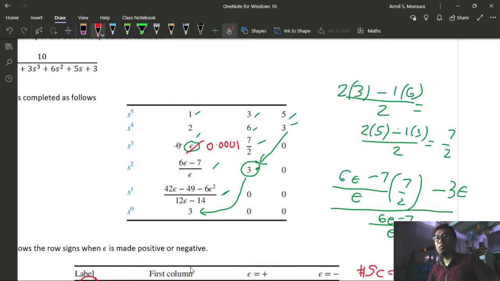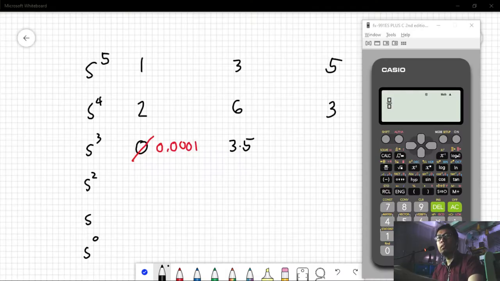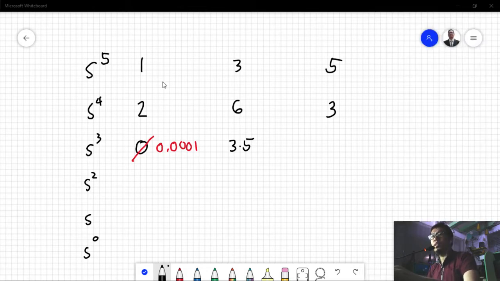So, ayun. Halimbawa, ito na nga yung ating Routh table. Sinimulan ko na siya. Okay? So, 1, 2, 3, 6, 5, 3. So, again, pagka kinumpute natin ito, itong part na to, this becomes 0. Okay, pero in this case, instead na epsilon yung ipapalit ko sa kanya is 0.0001 instead. A positive small number.